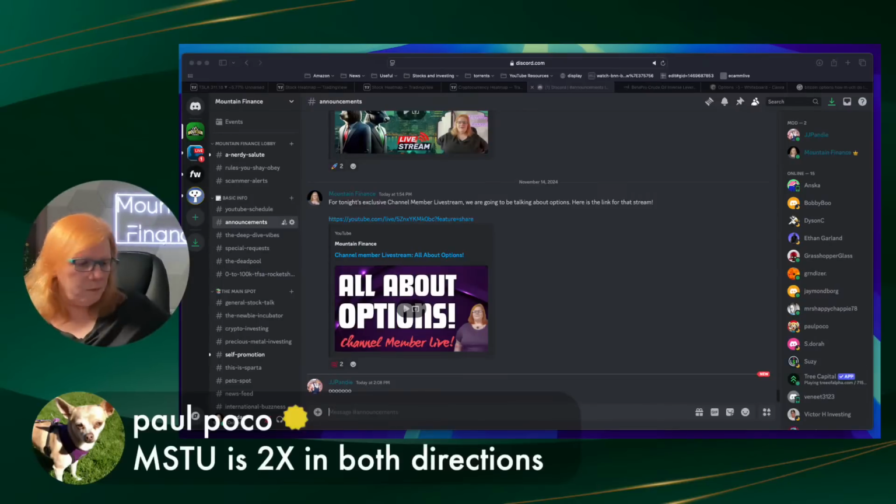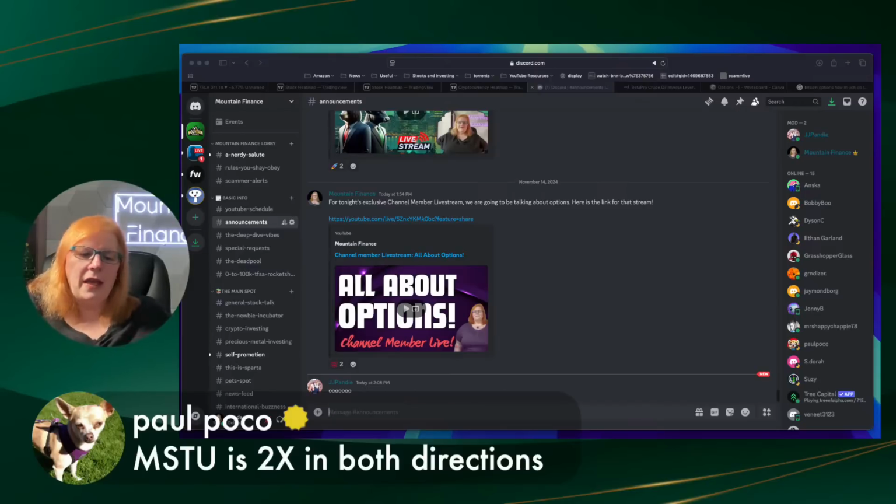Let's see. MSTU is 2x in both directions. Yeah, in most cases, any kind of inverse is going to be in both directions. That's why I never keep them in my portfolio.